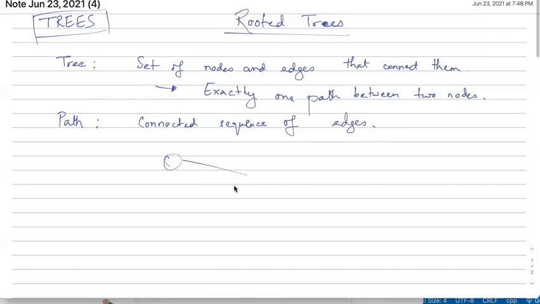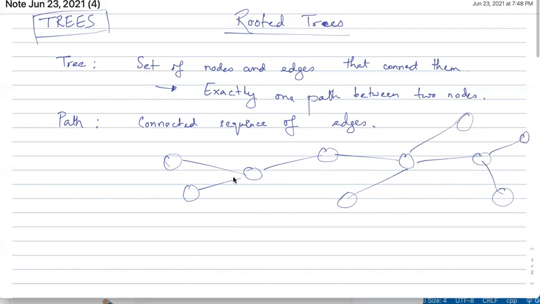So if I draw some random graph, does it look like a tree to you? It is a tree based on what? Based on this: exactly one path. You take any two nodes, there is exactly one path going from one node to another. So that makes it a tree.